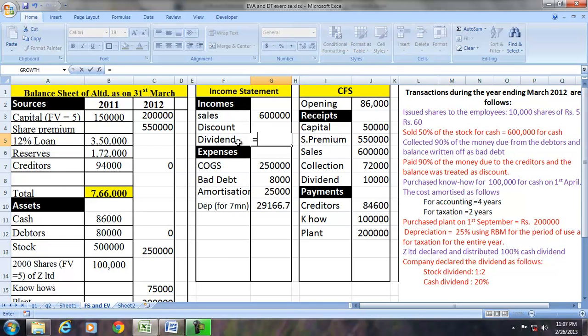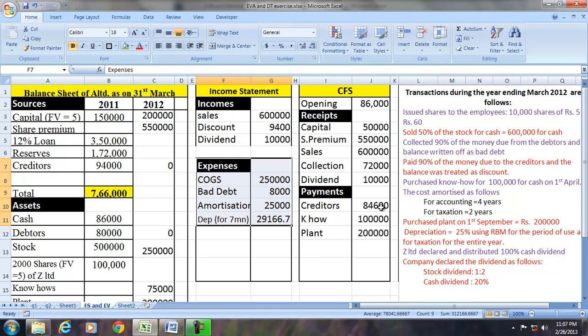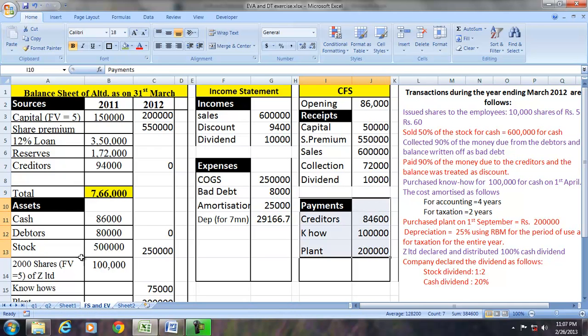Dividend is shown as an income. Dividend is calculated on the face value, not on the market value. Dividend is an income and inflow. Most important, dividend is calculated on the face value, not on the market value.